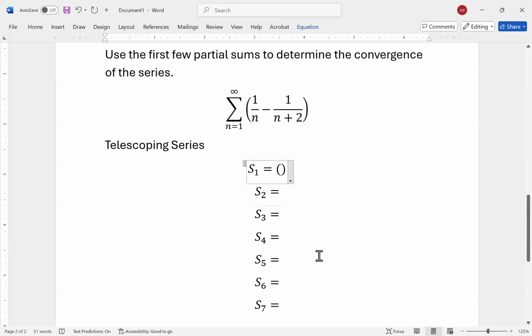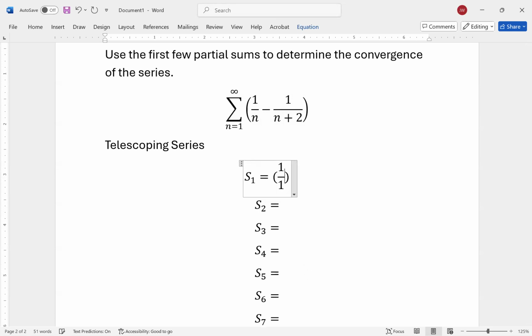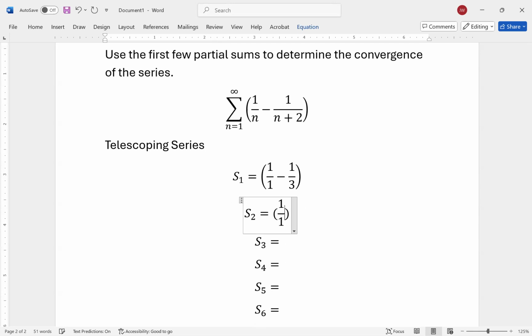So when I plug in n equals 1, I get 1 over 1 minus 1/3. With my second partial sum, I get the first term, which I already have established, and then plus the second term, which is 1/2 minus 1/4.